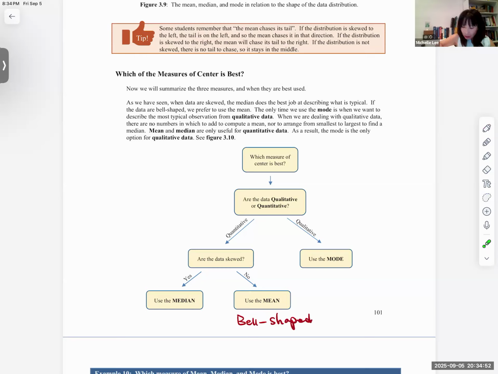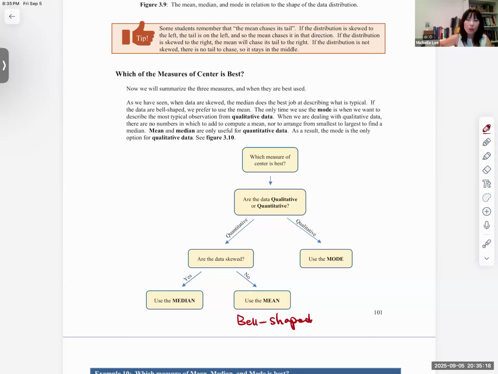Okay, if we have qualitative data, we can use the mode, right? If we have quantitative data, there is also a mode. It's not only for qualitative. We had experience earlier, right?